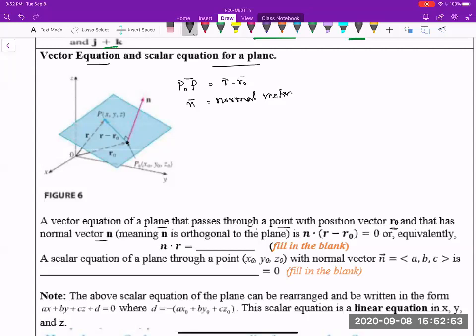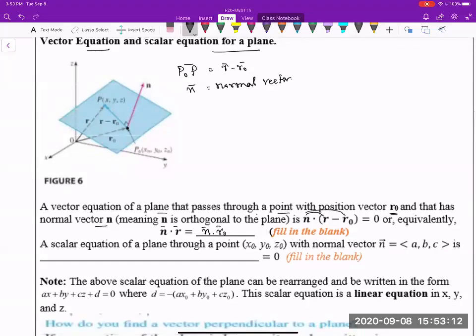Or equivalently, n dot R equal to n dot R0. If we distribute, n dot R minus n dot R0, and take the negative to the other side, it becomes n dot R equal to n dot R0. All these are vectors here. So this is the vector equation of the plane.